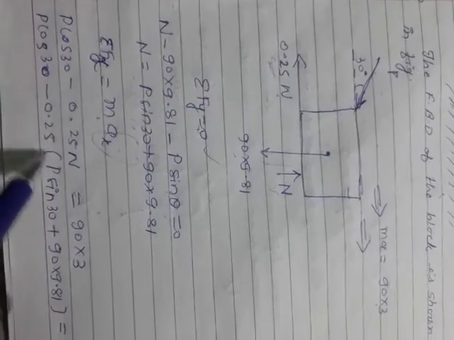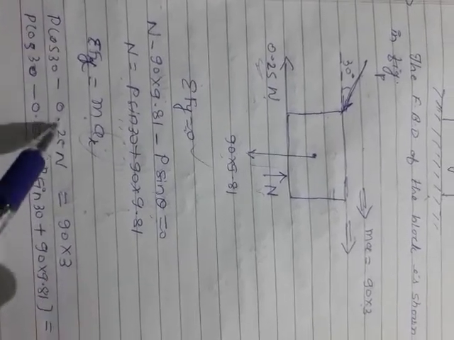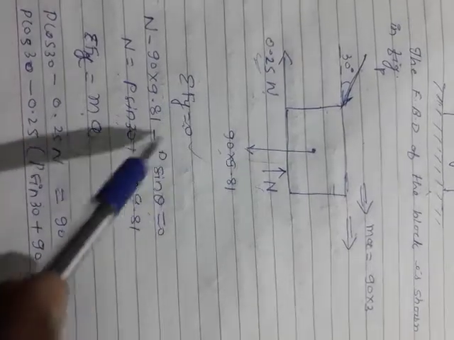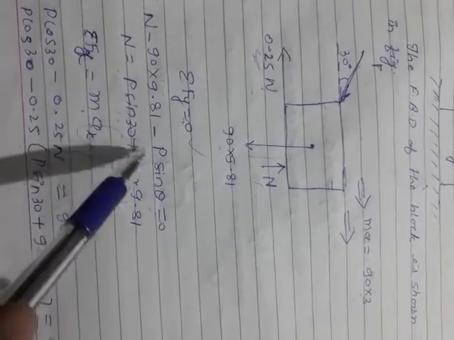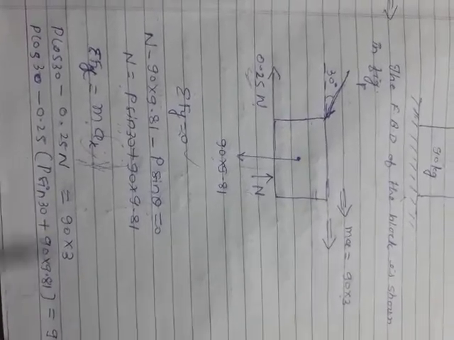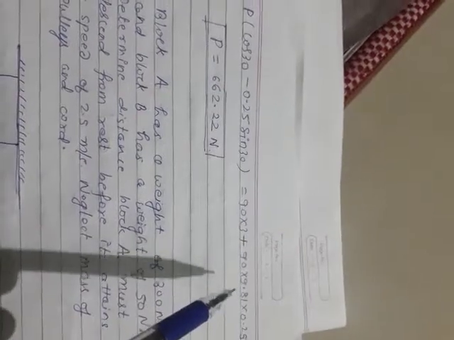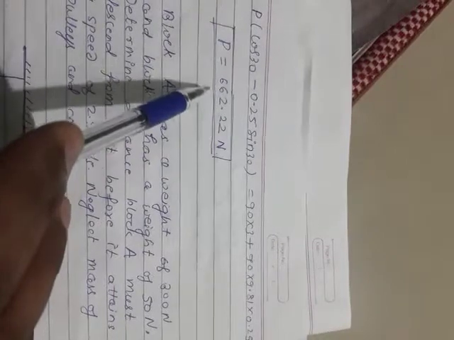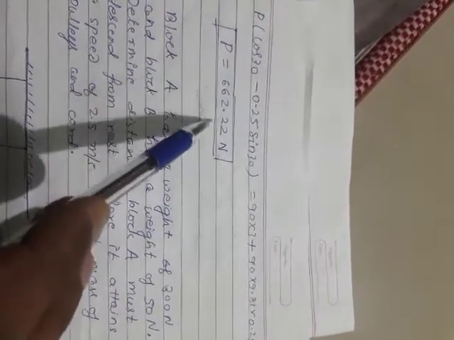After putting in all the values, including the N value which I have already calculated, P sin 30 plus 90 into 9.81, I am going to simplify it to calculate the value of P. Taking P common, P into the bracket cos 30 minus 0.25 sin 30 equals 90 into 3 plus 90 into 9.81 into 0.25. After calculating, I will get P as 662.22 Newton.